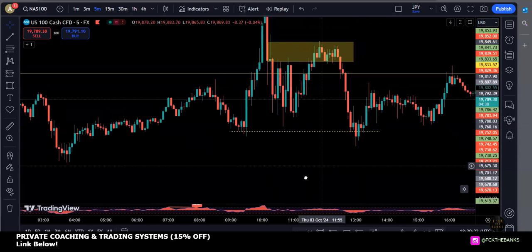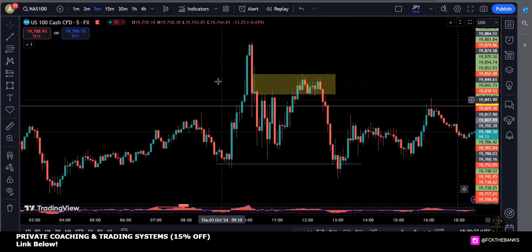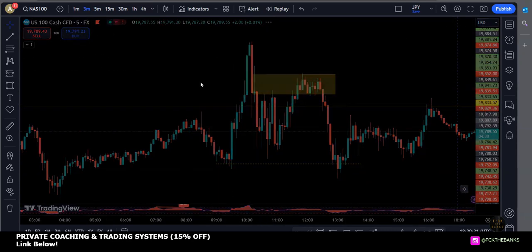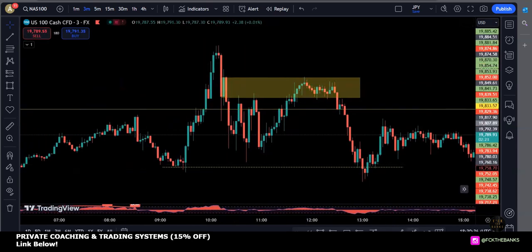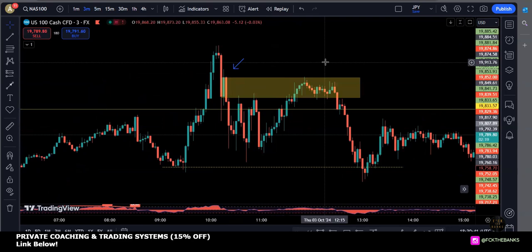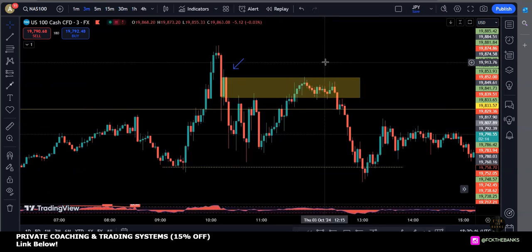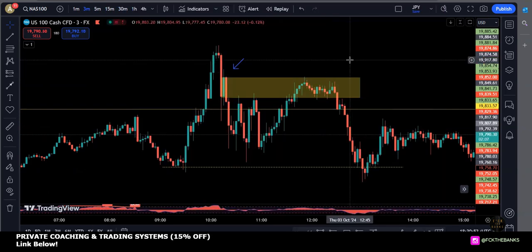So now, for example, this is Nasdaq, and as you can see, we had a liquidity level being taken. But if you go into a lower time frame, we're going to identify a pretty notorious zone. As I explained in my previous videos, they're called FTRs. Also, it's very important to mention that these zones have to be respected. Remember, liquidity levels can be pierced through, these don't.